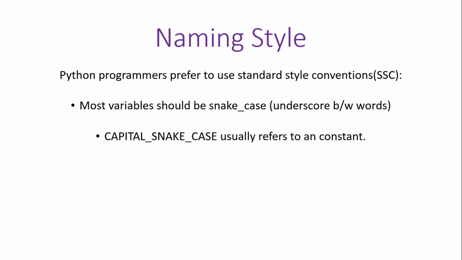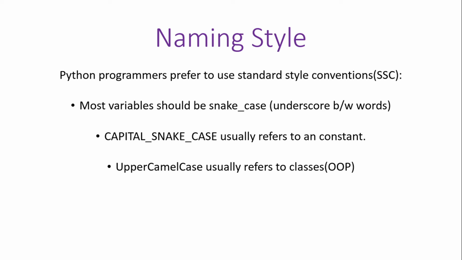Second thing, it's capital snake case. Snake case means there's an underscore between every word, and capital snake case is used for referring to constants. Like if you have pi, you're gonna write PI in capital because you don't want people to touch it because it can ruin the whole program. And the next, upper camel case, which is actually used in object oriented programming.